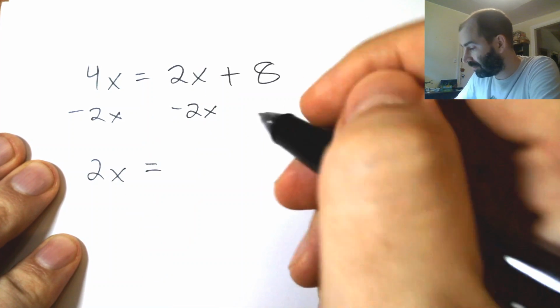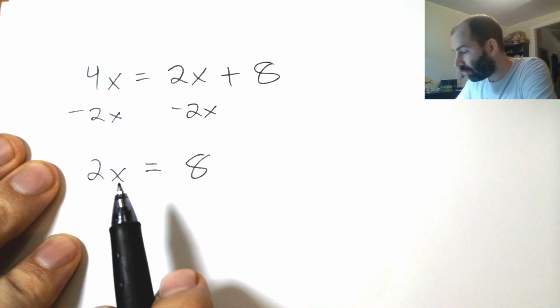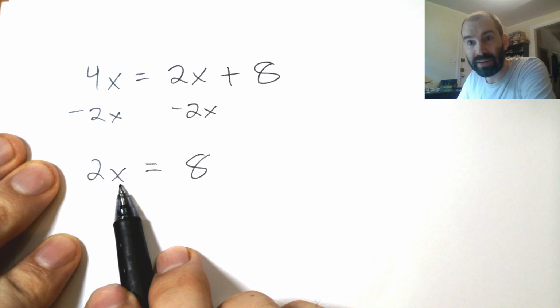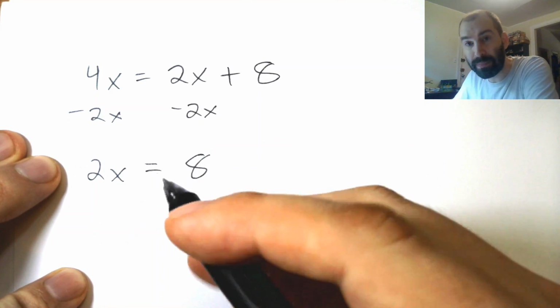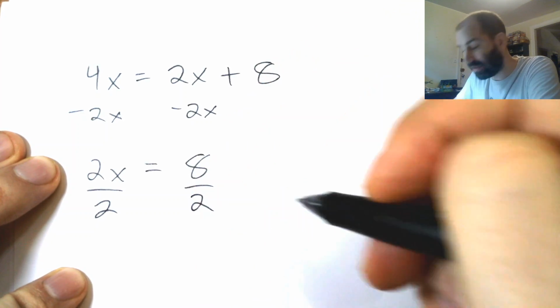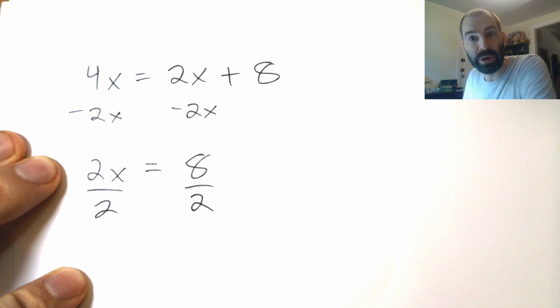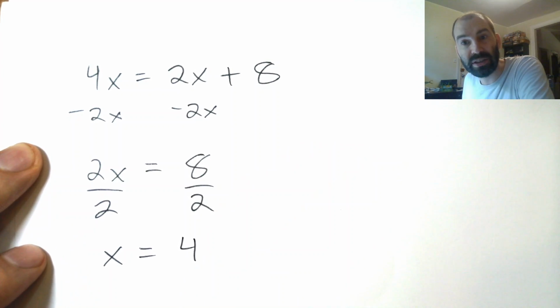They were all gone. So I got to here. And then what did we do? We said that, well, we want to get just 1 x on the left. So I took half of each side. So I removed one of the x's. I divided by 2. And I removed half of the 8. I divided that by 2. And what did we end up with? X equals 4. And that was our answer.